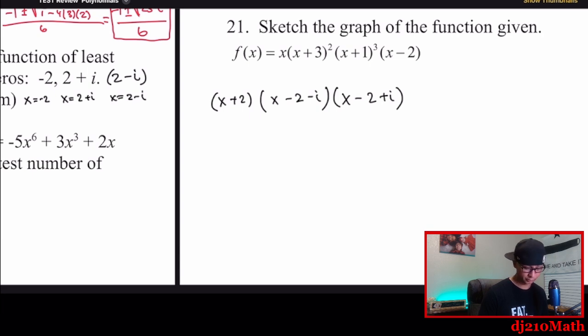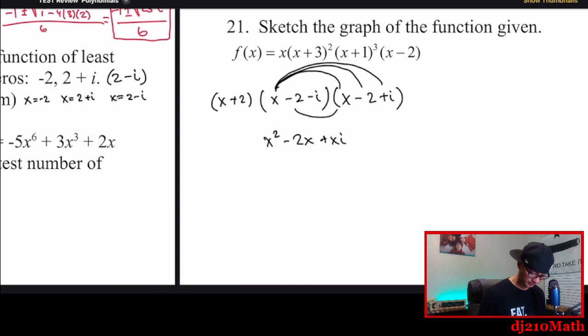X times x is x squared. X times negative 2 is negative 2x. Then plus xi. I have a feeling that's going to cancel later. Then negative 2x plus 4 minus 2i.